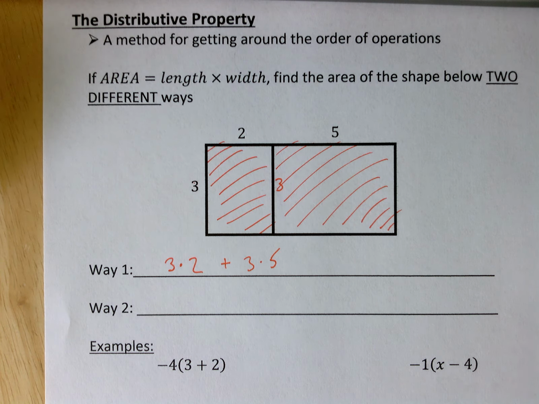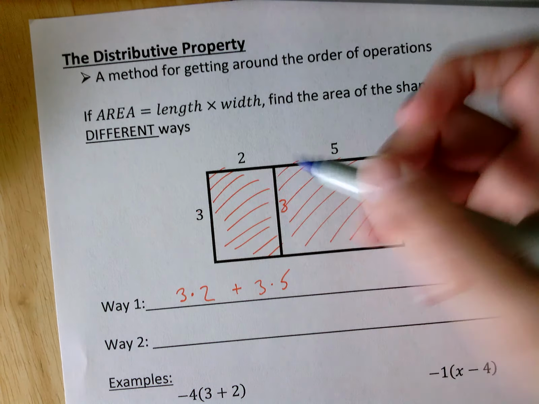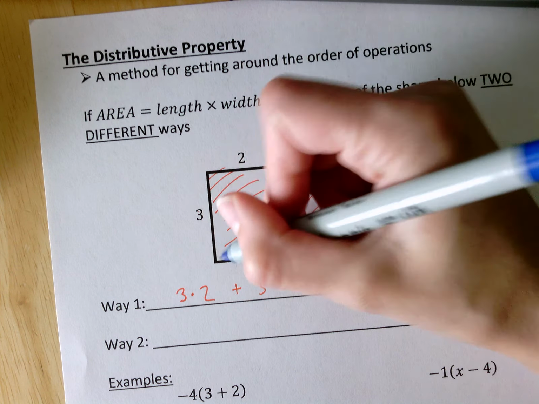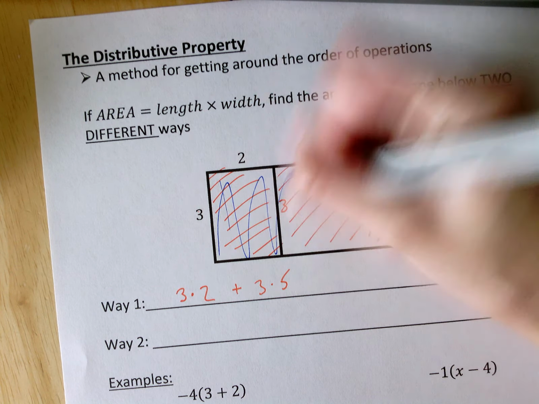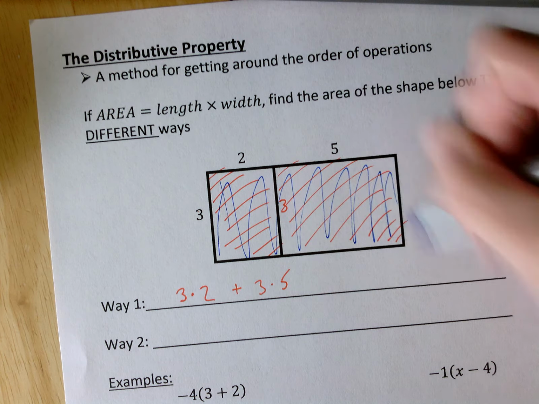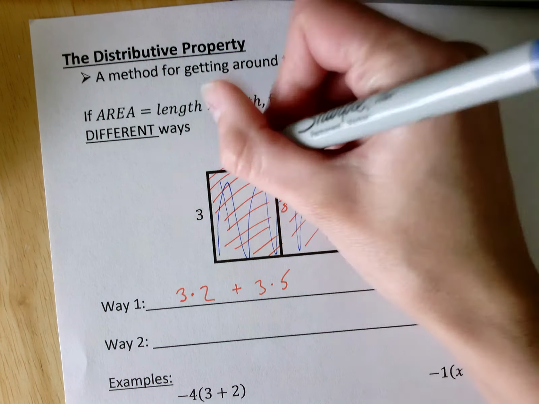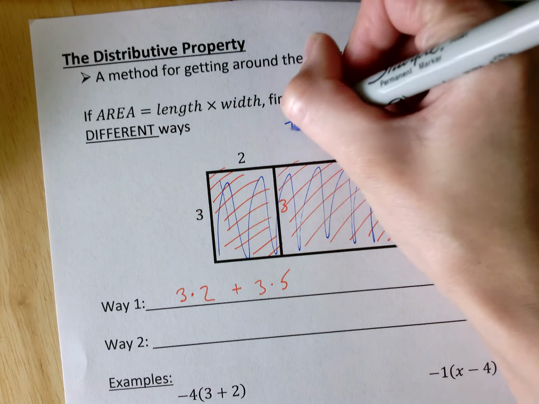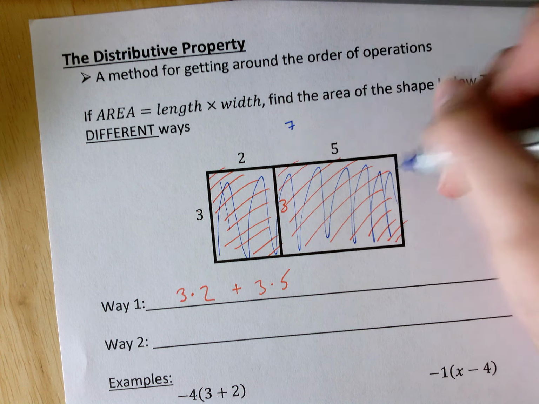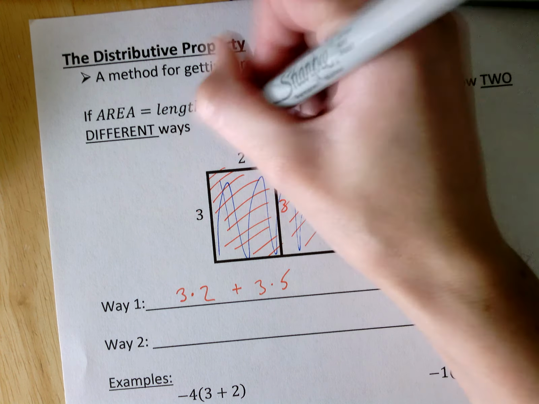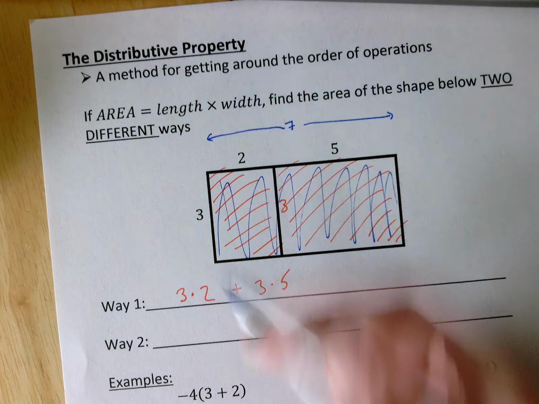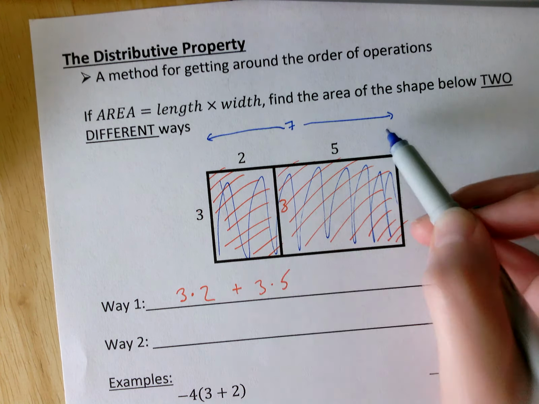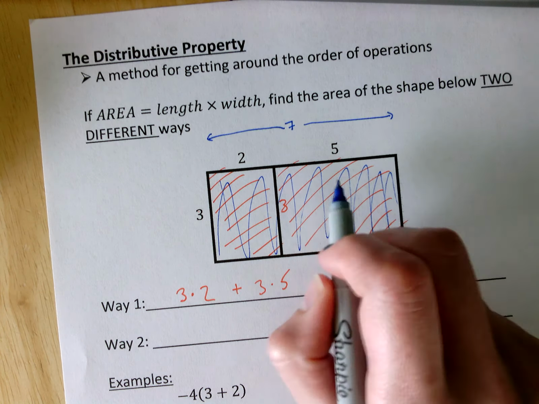Now, the other way that we could calculate the area of this shape would be if we look at it as one big rectangle. This side length here is obviously 7, right? If that's 2 and that's 5, then the whole thing is 7 long. So then this is 3 times 7, which we got by adding the 2 and 5.